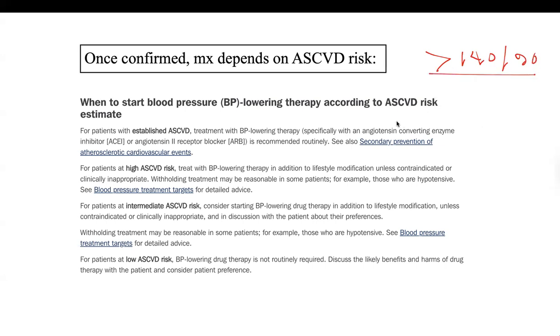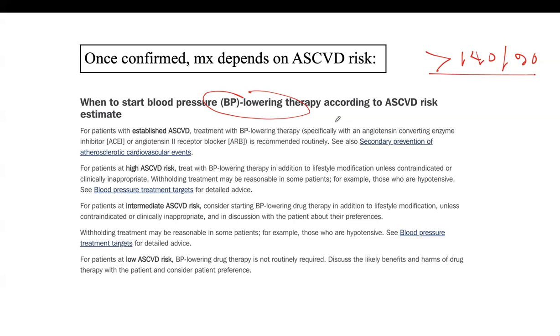Below that, it's fine. So when to start blood pressure lowering treatment according to Australian cardiovascular risk? When we think, do we need to start antihypertensive for this patient? The first thing we look at is the cardiovascular risk assessment.